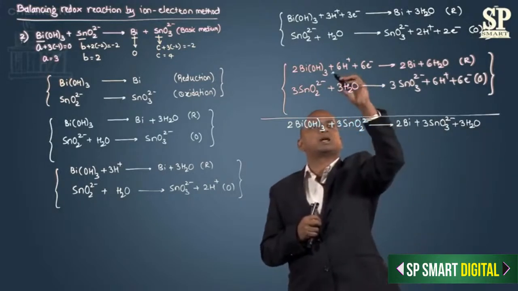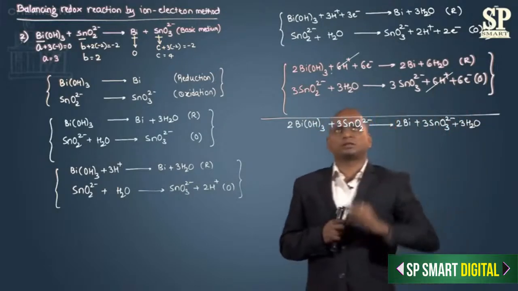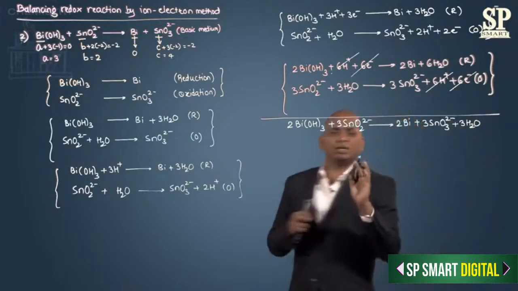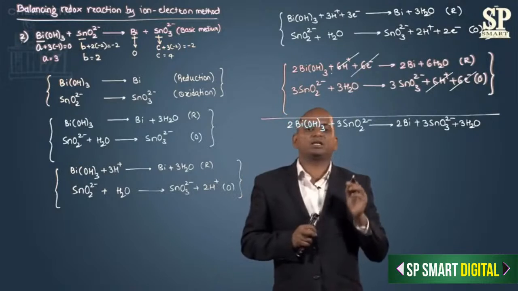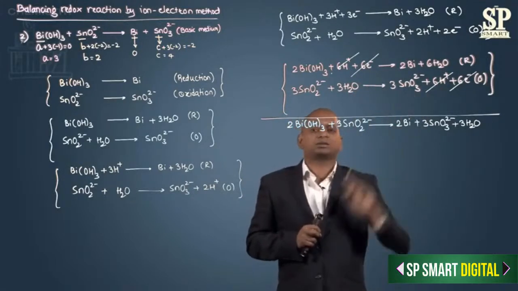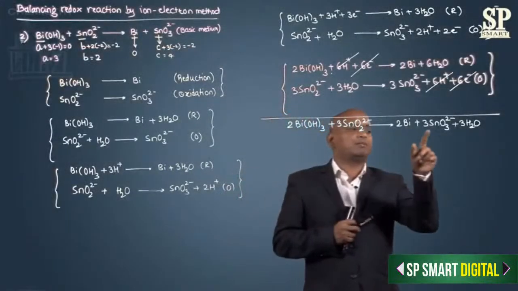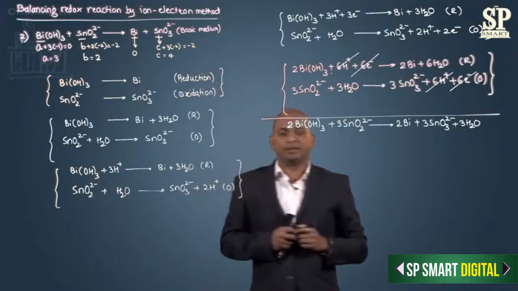So what is cancelled? 6H plus and 6H plus, 6 electrons and 6 electrons. So all this multiplication with the proper integer is to cancel electrons, and that has to be balanced. This is the final balanced equation which is taking place in a basic medium.